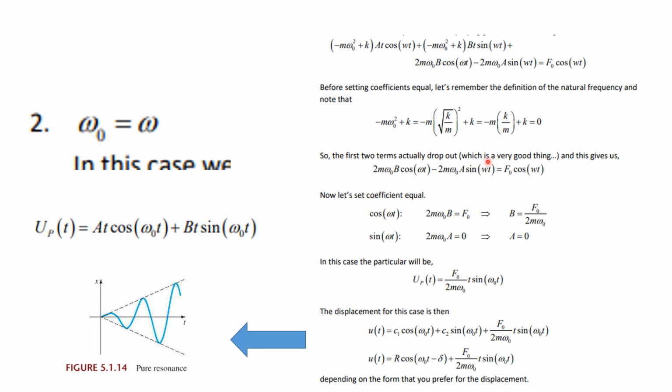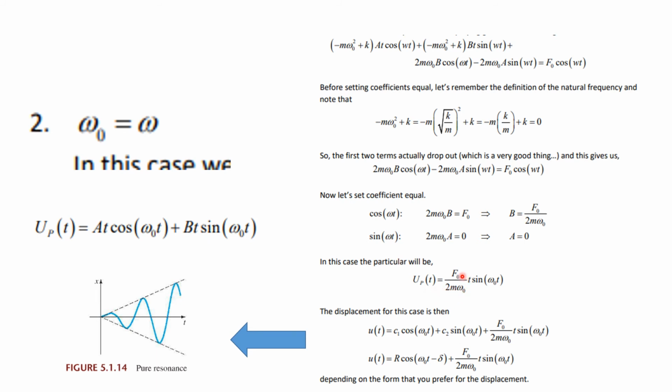Setting the coefficients equal for the cosine of omega t, we will have this, and that says b is f0 over 2m omega 0, and a will be 0. So that means our particular solution is this.